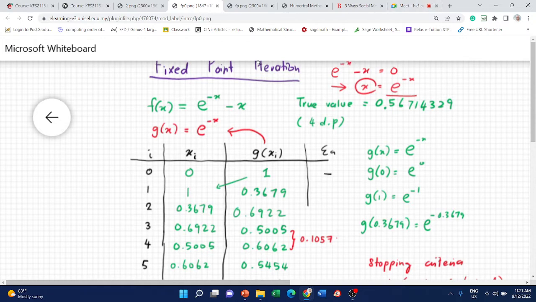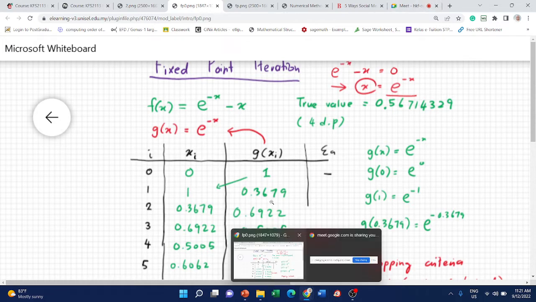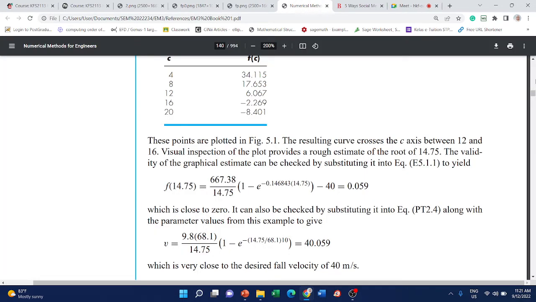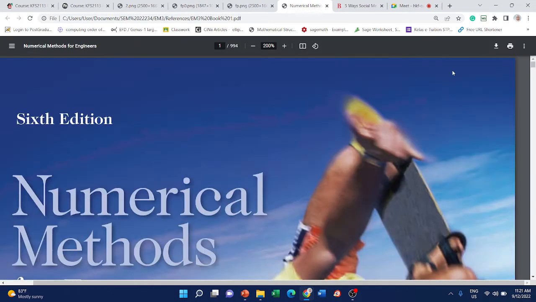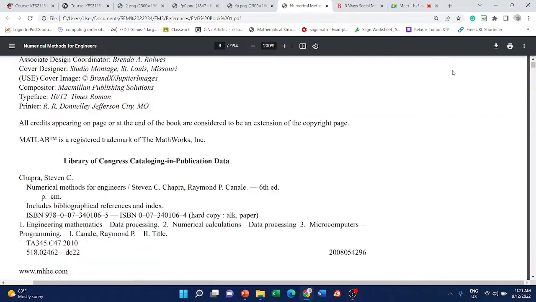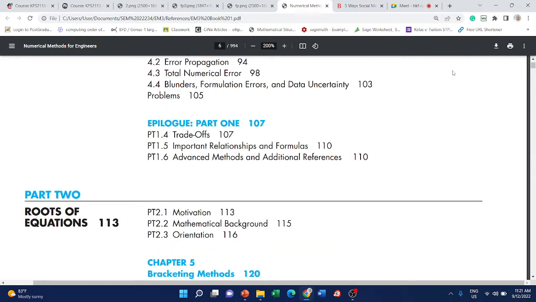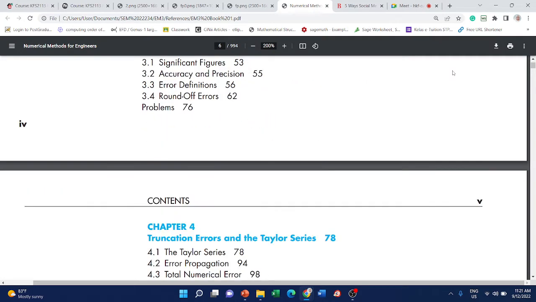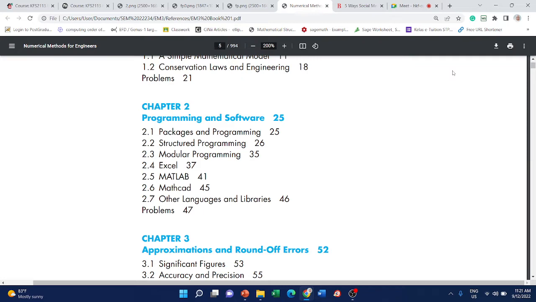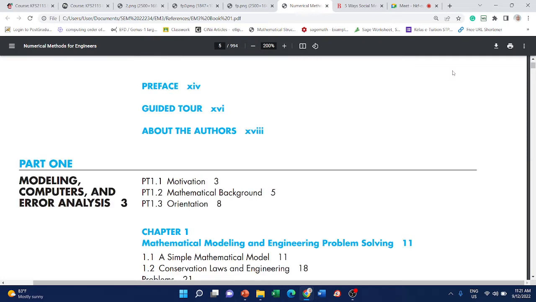In the ebook, there is an example about this method. You can see here on fixed point iteration. Whenever you want to solve the problems in the tutorial, make sure you refer to the ebook for explanations and so on. Don't just depend on the lecture.